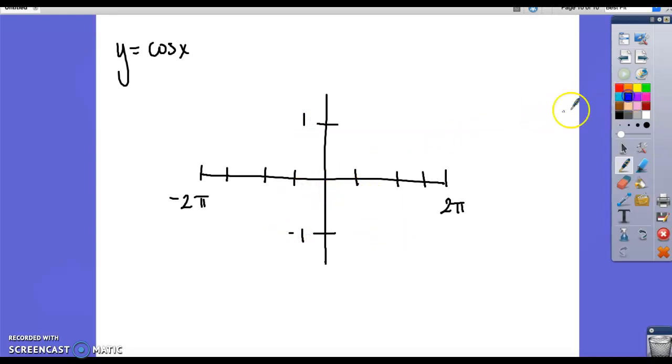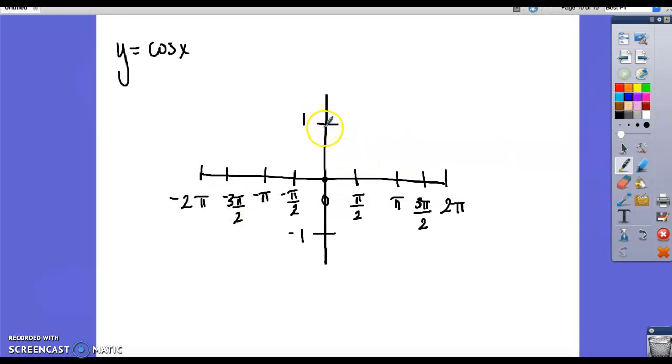At the starting point, these critical points are going to be exactly the same, and I'm going to find them exactly the same. So if I start at 0, my first critical point is pi over 2, then 2 pi over 2, which is pi, then 3 pi over 2. Same thing in the negative direction: negative pi over 2, negative pi, negative 3 pi over 2.